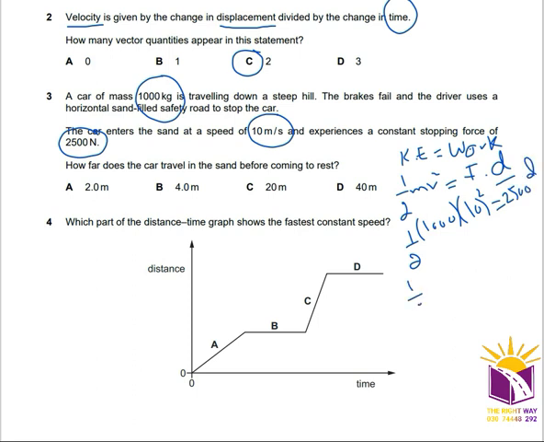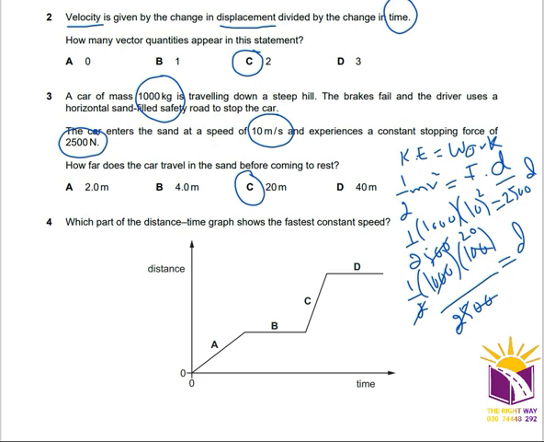So 1/2 times 1000 multiplied by 10 squared, which is 100, divided by 2500 will be equal to D. Two zeros cancel out with two zeros. 25 times 20 is 500. So D will be 20 meters. So the car travelled 20 meters before coming to rest.